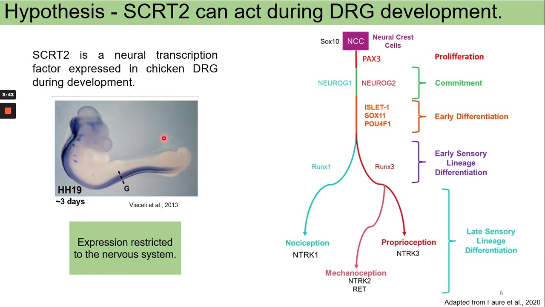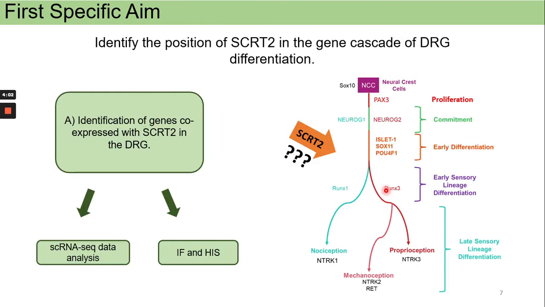And as SCRATCH2 is expressed during development in the chicken DRG, our hypothesis is that SCRATCH2 can act during the DRG development. So it is expressed in this gene cascade and can act during the DRG development.